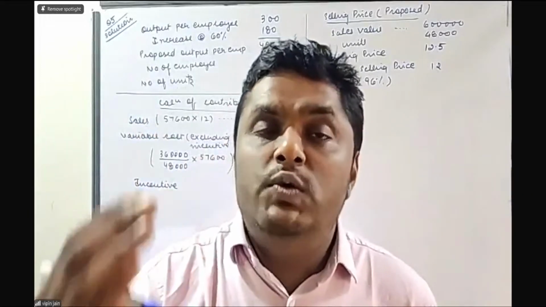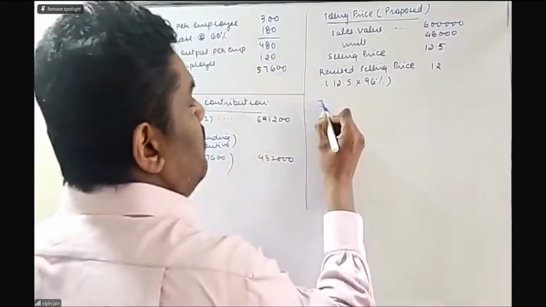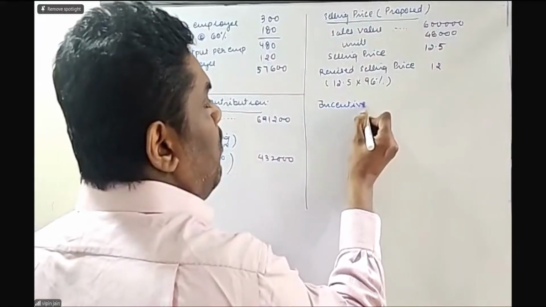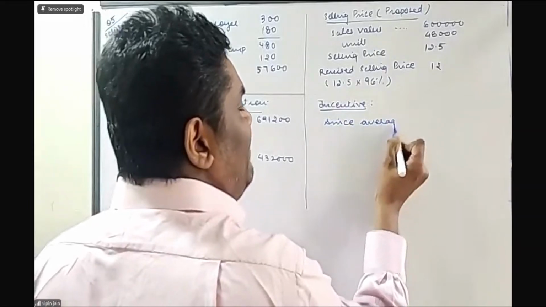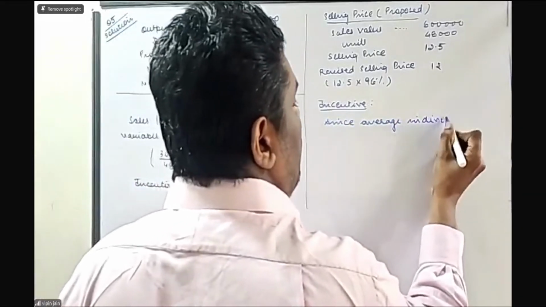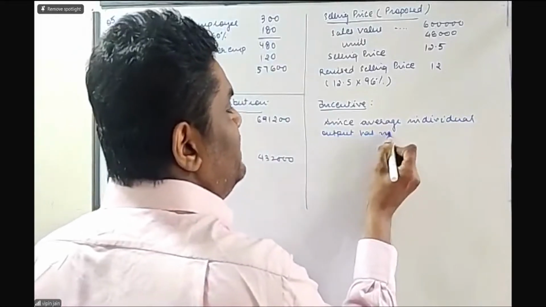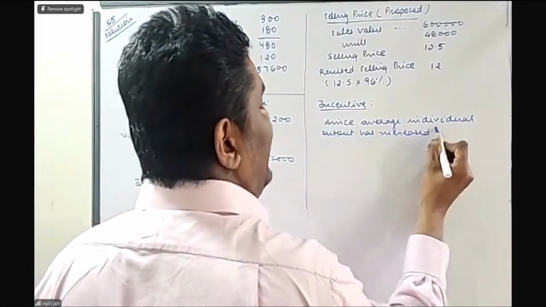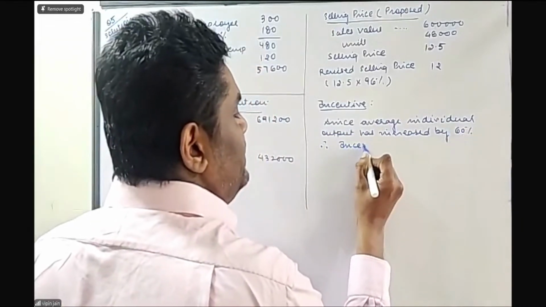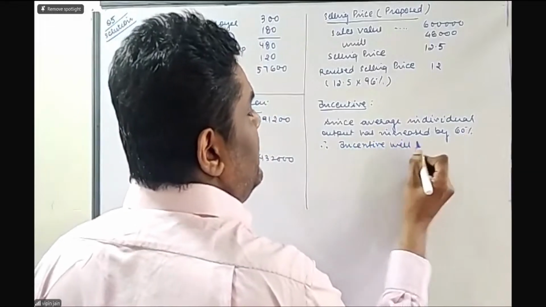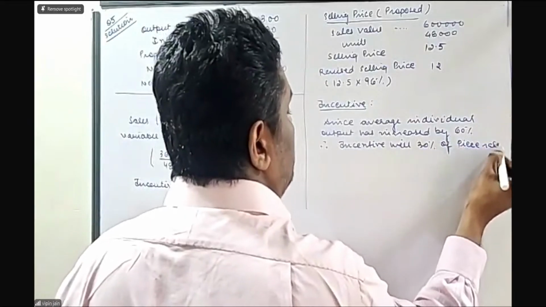So average individual output has increased by 60%, therefore incentive will be 30% of piece rate.